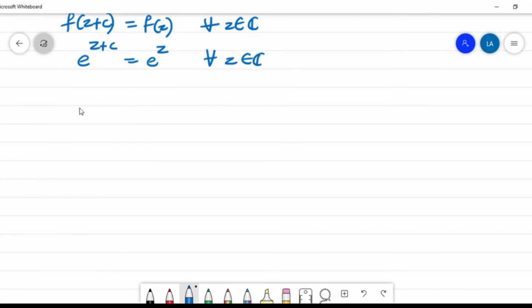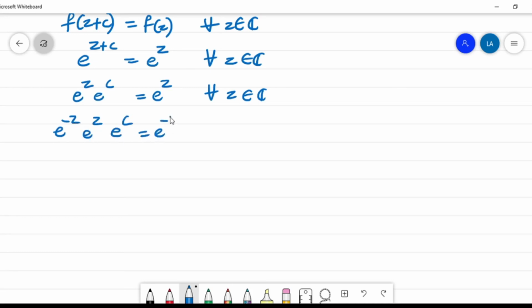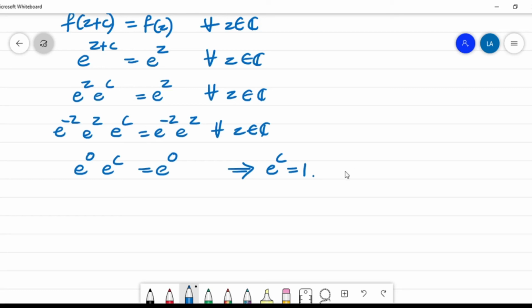So, that will mean this is equal to e raised to z into e raised to C, which is equal to e raised to z for every z belongs to C. Multiply with e raised to minus z, you get e raised to 0 into e raised to C equal to e raised to 0. E raised to 0 is 1, and that will imply e raised to C is equal to 1. If e raised to C is equal to 1, we have modulus of e raised to C is equal to 1.